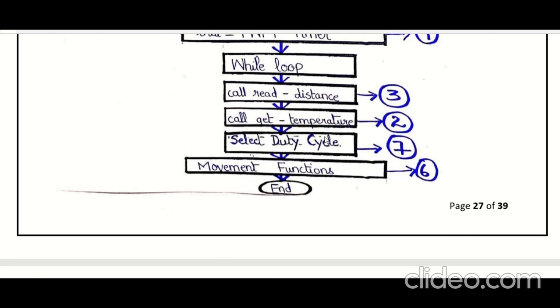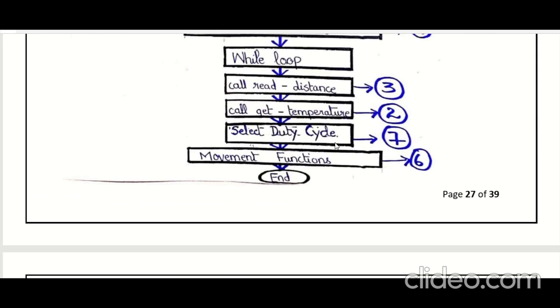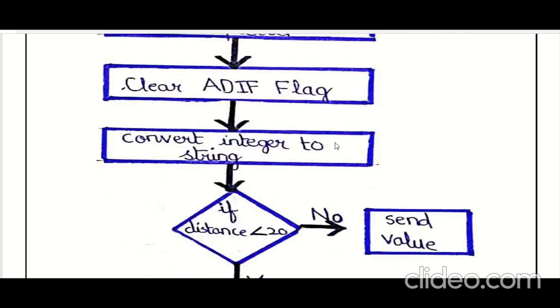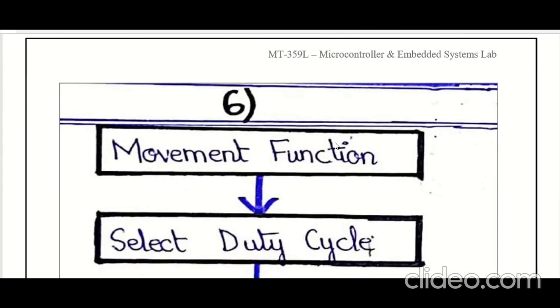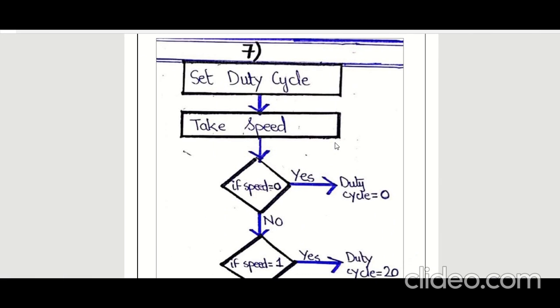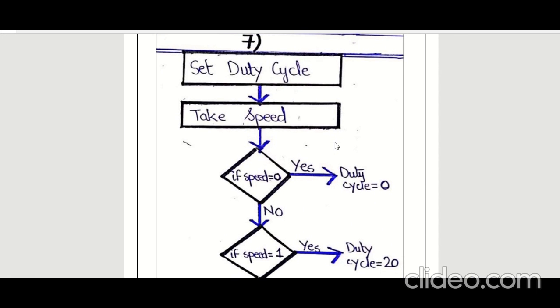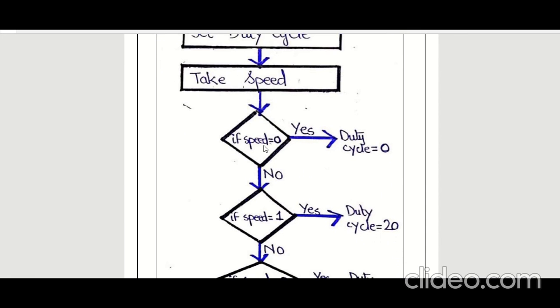Then we will set a duty cycle. For duty cycle, we have to move on to flowchart number 7. So this is our flowchart number 7, in which we are setting the duty cycle. First of all, we are taking speed as input. Then we have our decision function.